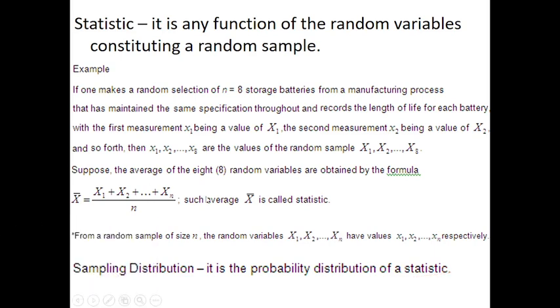So, in short, a statistic is a characteristic of the sample, of the random sample, or simply the sample.